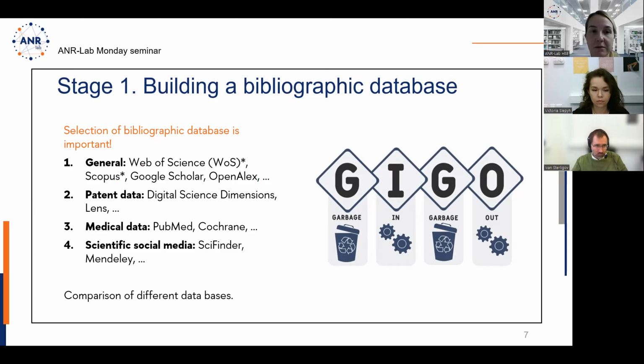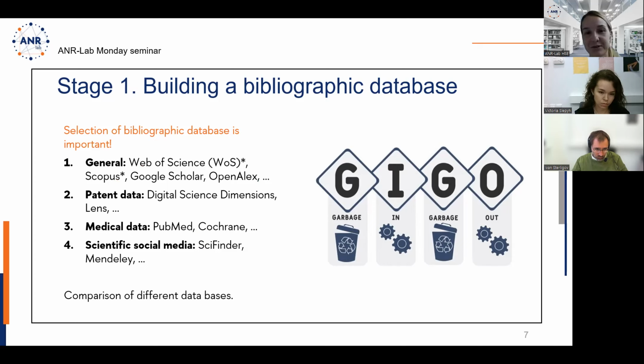So when we do bibliographic network analysis, it is very important to find a database which will actually have the information that we need.